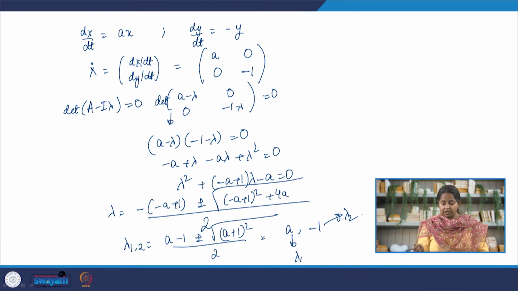So the next step now is to find the corresponding eigenvectors. Now to find the corresponding eigenvectors, we need to do this.